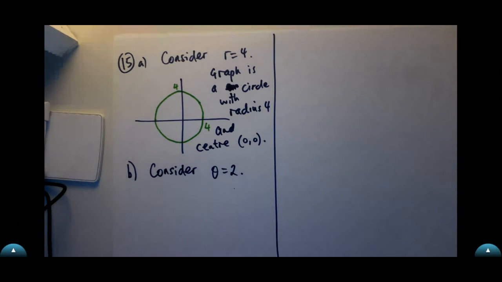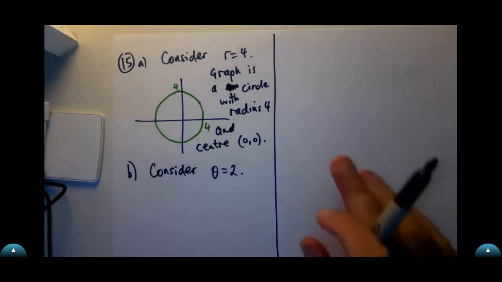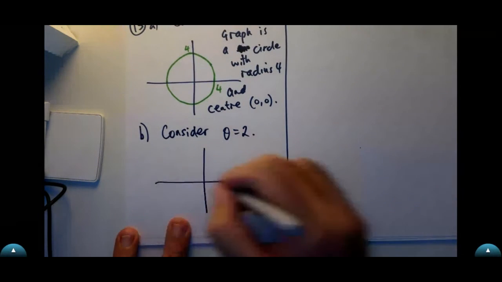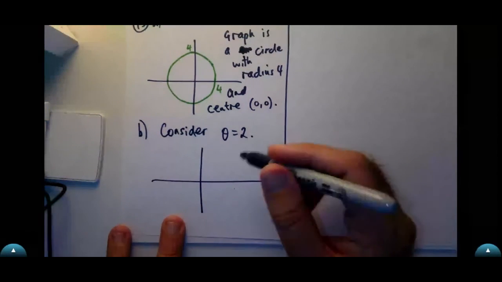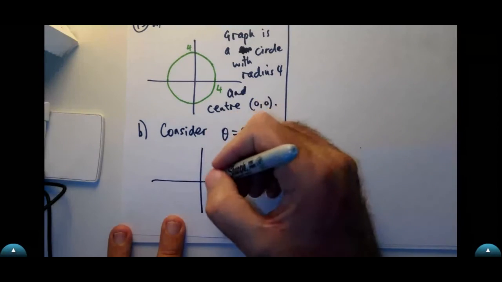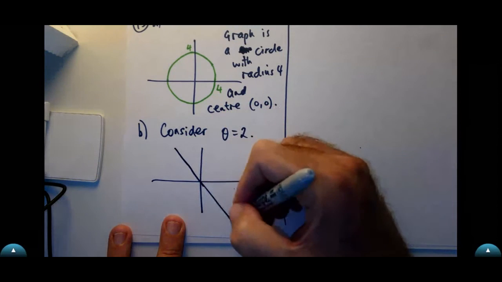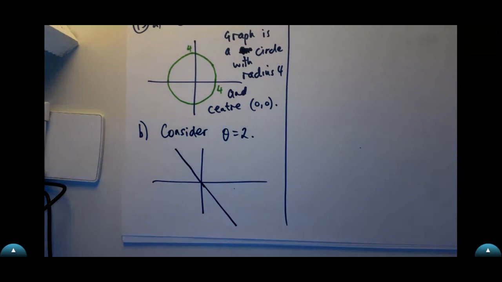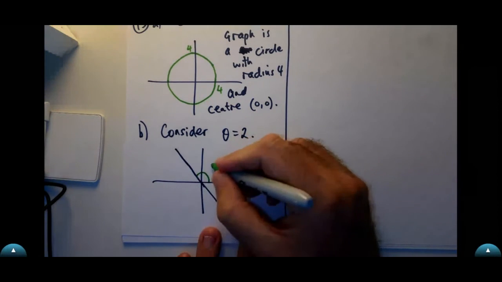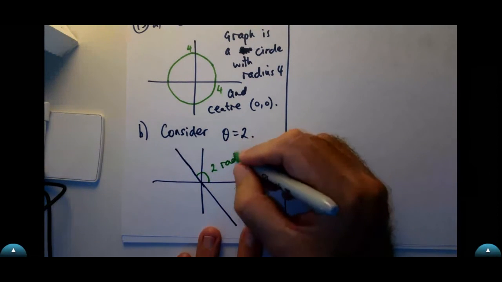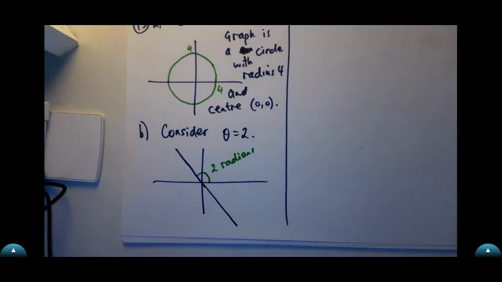So we're fixing the angle here, but we're not saying anything about the distance to the origin. Well, one way is to say, okay, well, this is 2 radians, right? So we sort of go a bit more than half, and we're not limited by the distance. Okay.